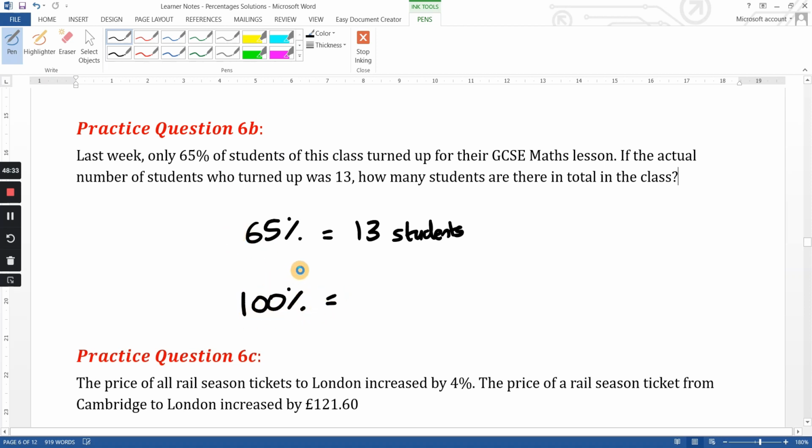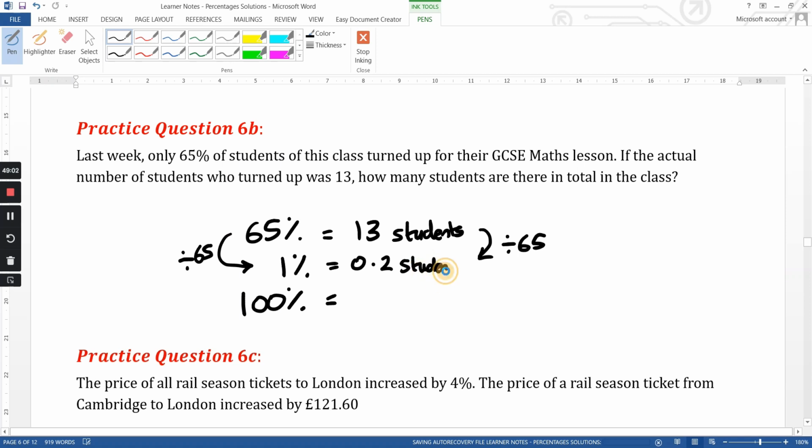Okay, so again, I'm going to do my step in between. It's going to be a bit weird. You're going to have like a decimal of a student. It's a bit unusual, but obviously we're going to have to divide by 65. Sorry, divide by 65 here as well. So 13 divided by 65, which is 0.2 students.